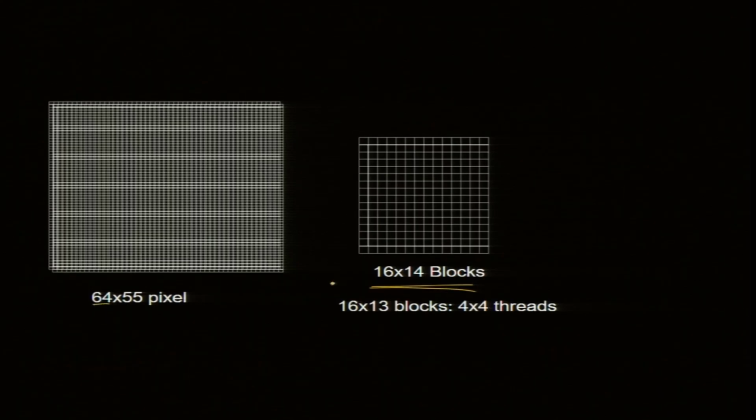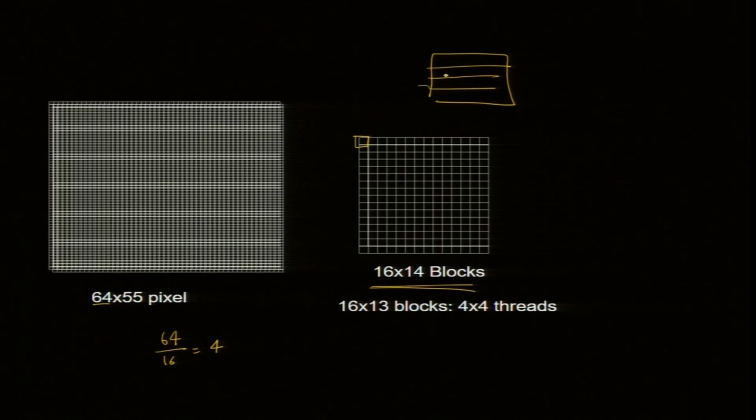So, 64 by 16 is what? 4. So, each block, in fact, these are 16 by 14, each of these is a block. If I look at this block, it has threads. It has 4, so it is again organized in 2D, with an x direction and a y direction.